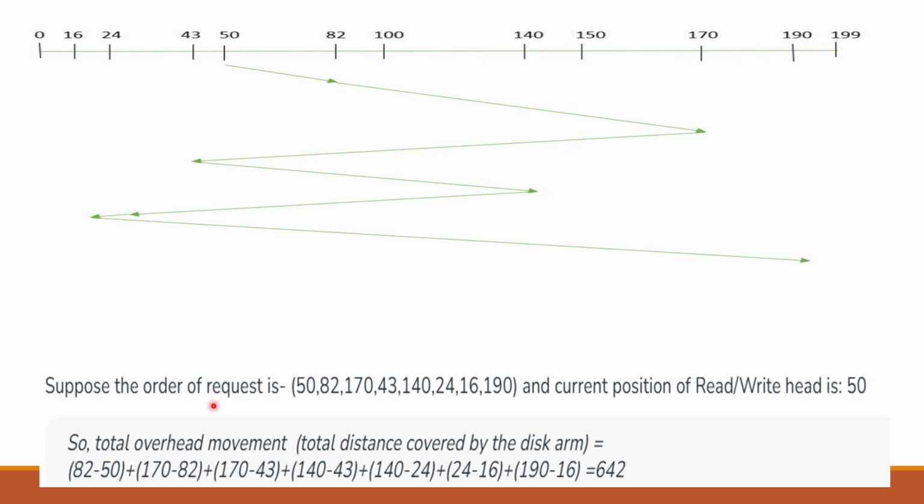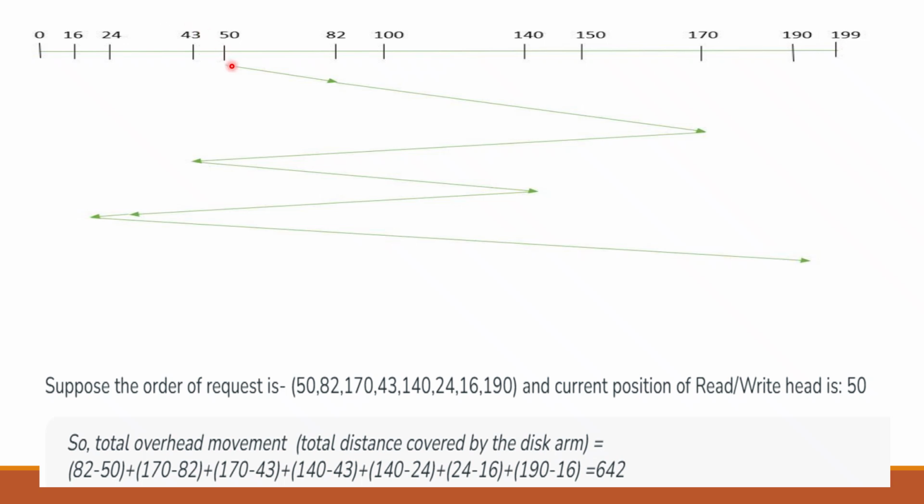First we read 50, then we go to 82, and after that to 170, in the order in which they arrive.